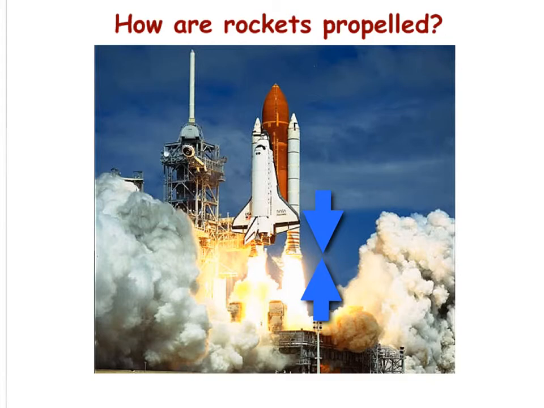Momentum is also at issue here, and we're going to see how momentum is conserved. If we talk about the initial state of the rocket and the fuel, the total momentum is 0 because the rocket and the fuel are both initially at rest. When the fuel is burned and the hot gas is expelled, the gas travels backward with momentum, mass times velocity.